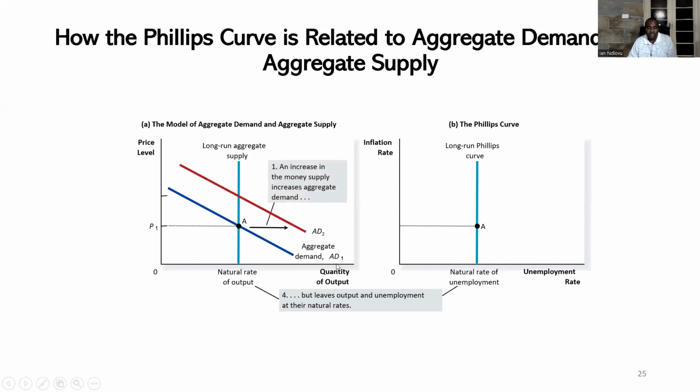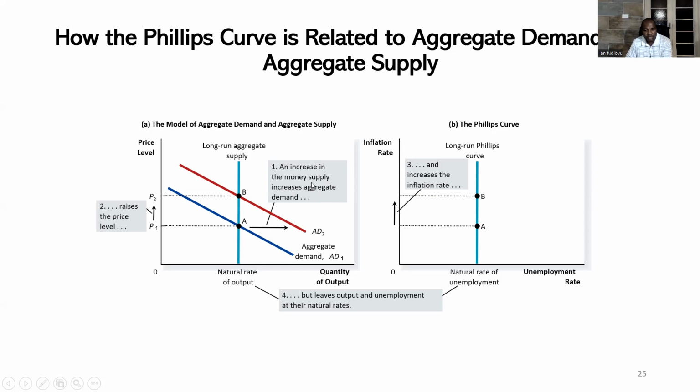So as your aggregate demand increases, we know that the general price level will increase due to increased money supply, which is what I've just explained. And this increased money supply will fuel inflation in an economy, ceteris paribus. So the trigger is an increase in money supply, which increases aggregate demand, which is what we mean by expansionary monetary policy.